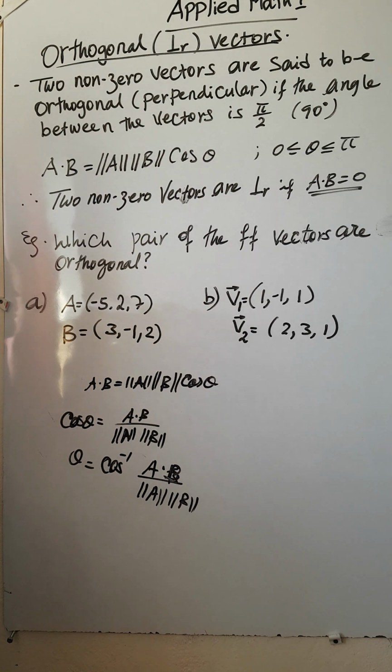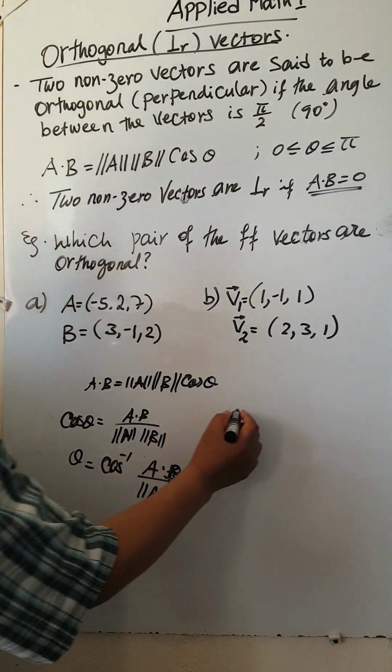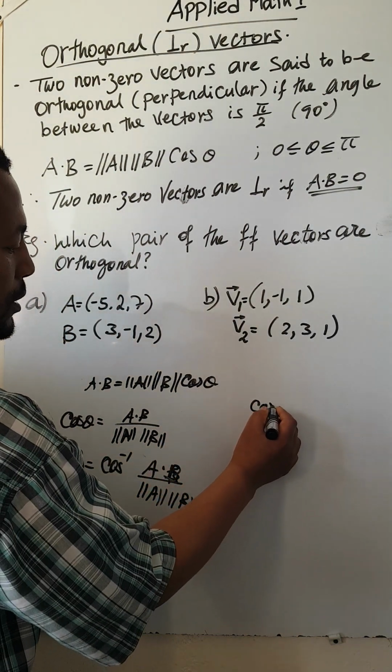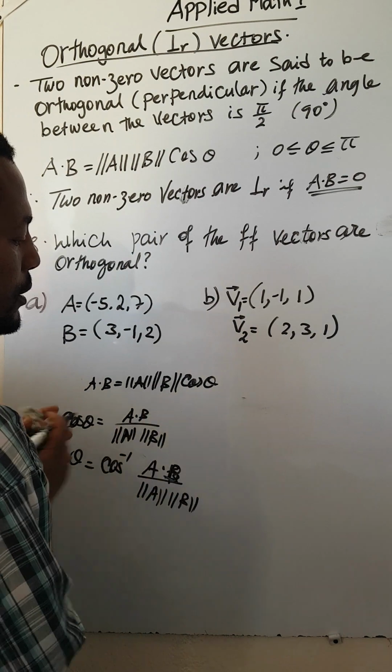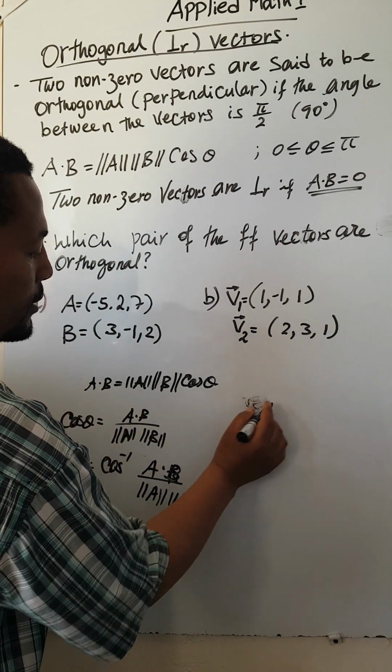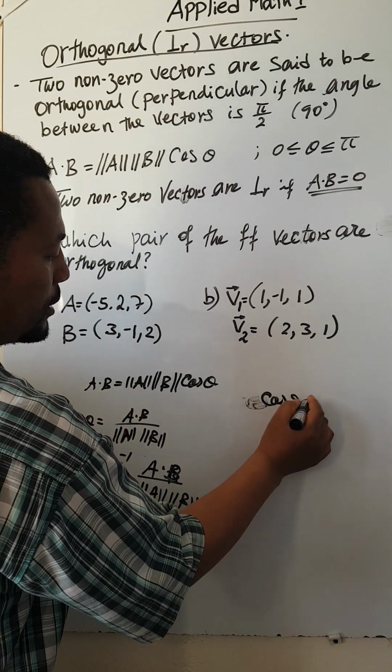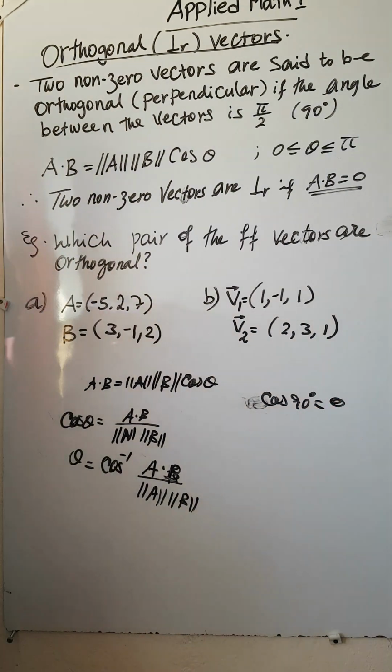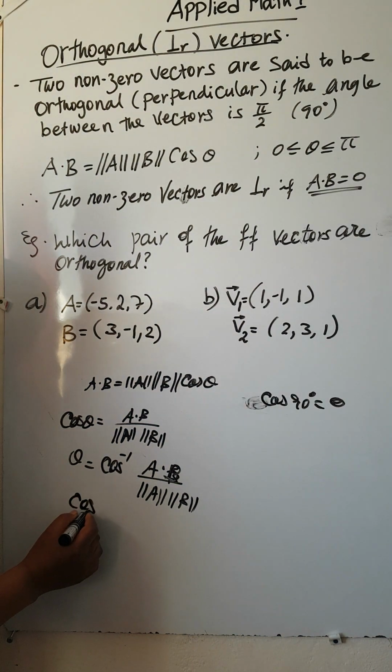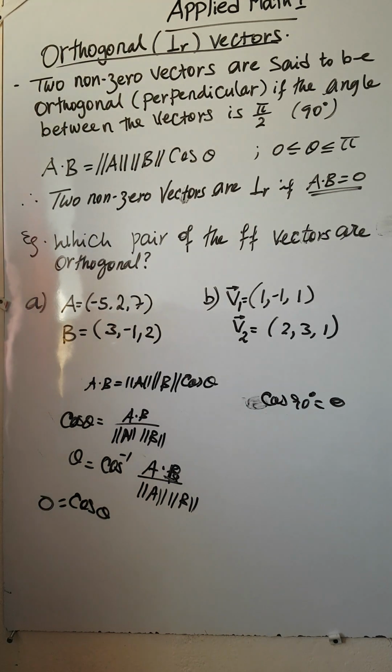So what is the cos inverse of 90 degree? The cosine of 90 degree, cos of 90 degree is equal to 0. ስለዚህ in either way, okay, theta is 90 degree if cosine of theta is equal to 0.